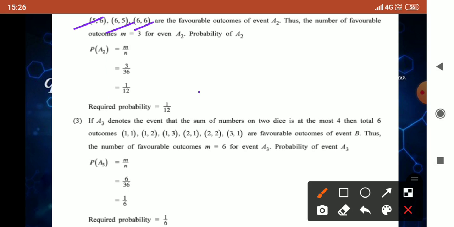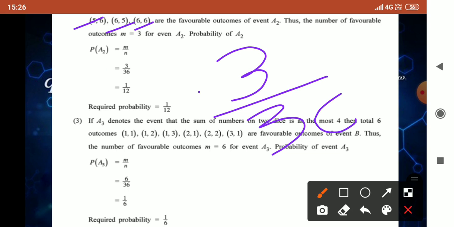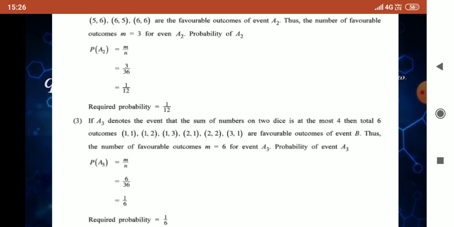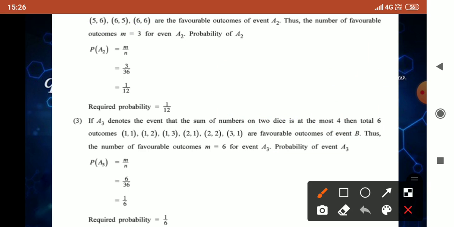More than 10, we cannot take total 10. So 5, 6 which is 11, 6, 5 again 11 and 6, 6 is 12. So we have 3 outcomes out of 36, which is equal to 1 by 12. Here you can see 1 by 12 is the answer.